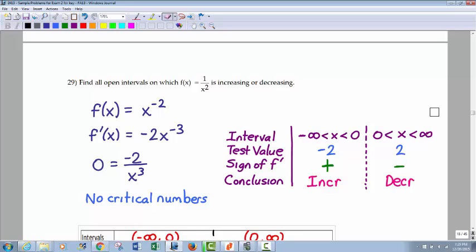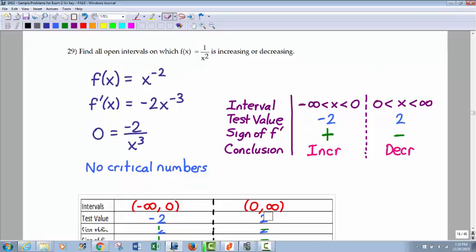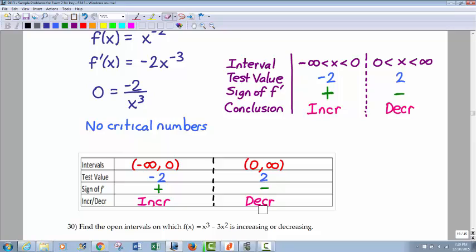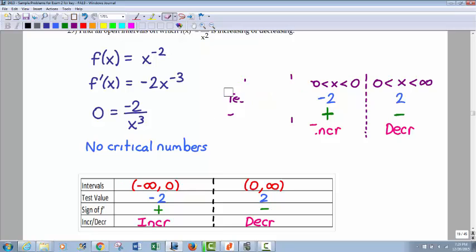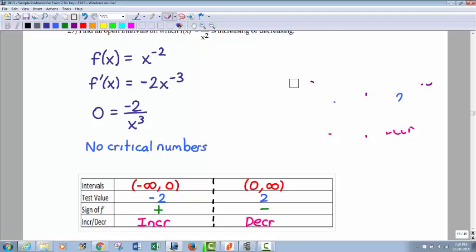Increasing, decreasing. All right, off the bat, we got a discontinuity. I kind of hand wrote this chart, that seems kind of odd. Why do I have this and I have that down there? So that should probably be erased. Anyway, we got a discontinuity. 1 over x squared means you've got divided by 0 at 0.